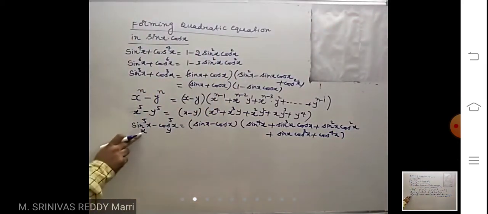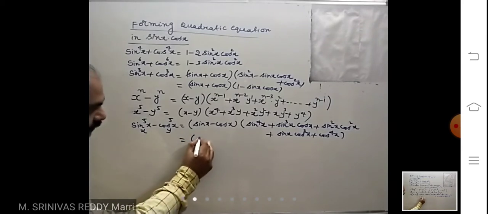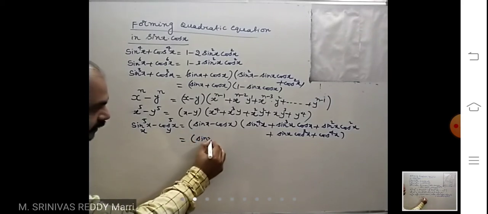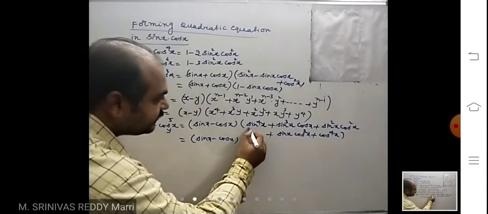Just as in x power 5 minus y to the power 5. Further simplifying, sin x minus cos x into, look at this one.